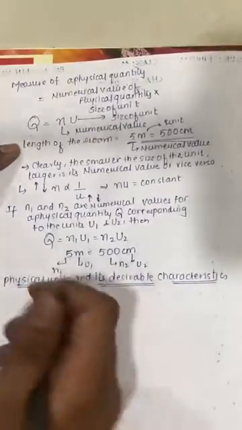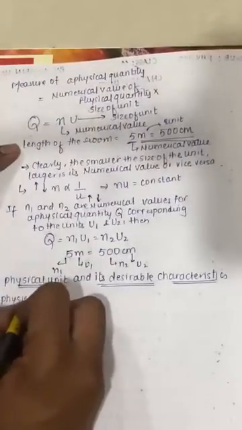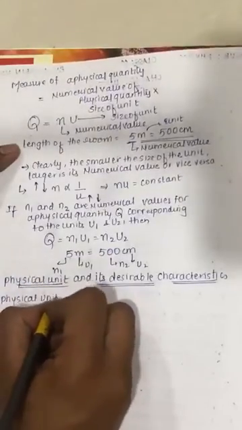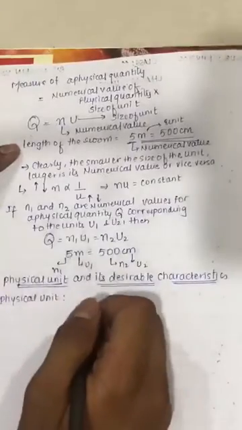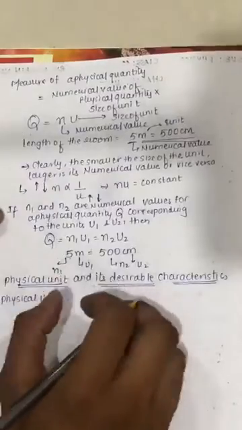Before moving to the very first characteristic, I want to define what a physical unit is. What do you mean by unit? That is in the title of the chapter: measurement, units and measurement process. Now what exactly does unit mean?